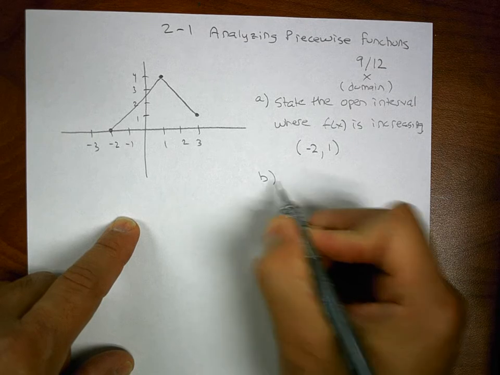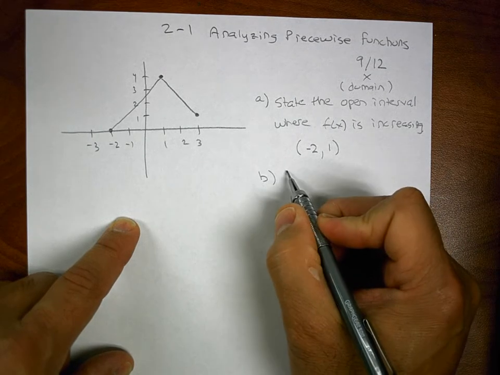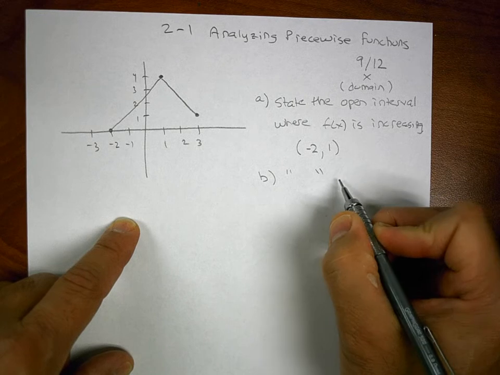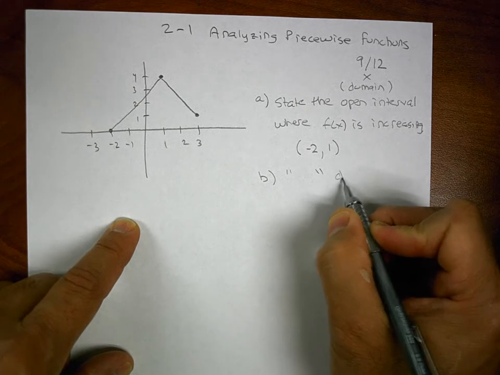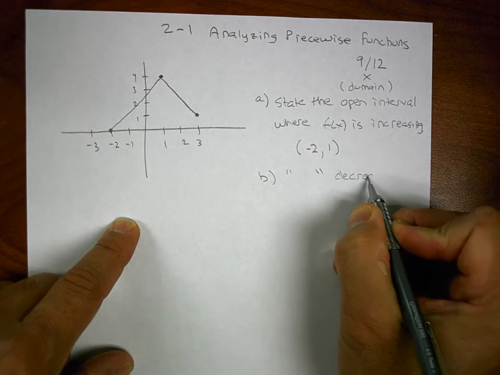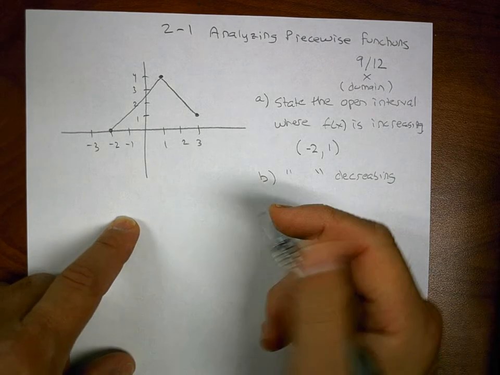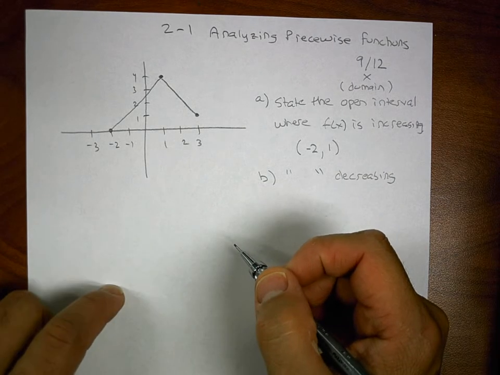Okay, B, same question. State the open interval where it's decreasing. Okay, so we want to describe where the graph is decreasing.